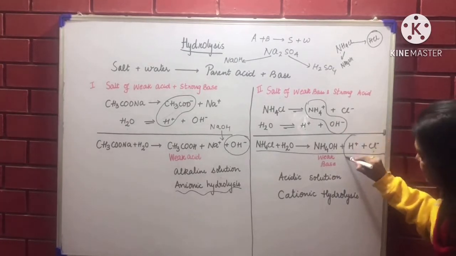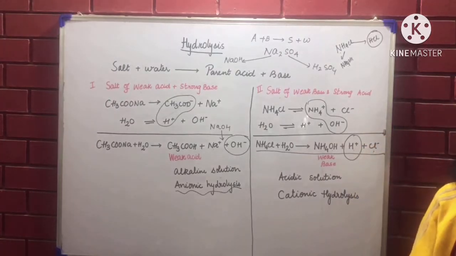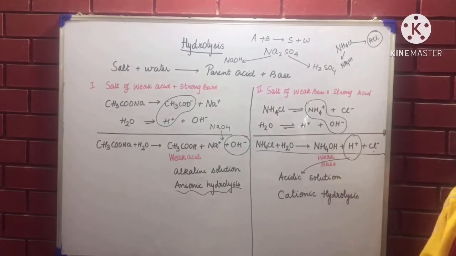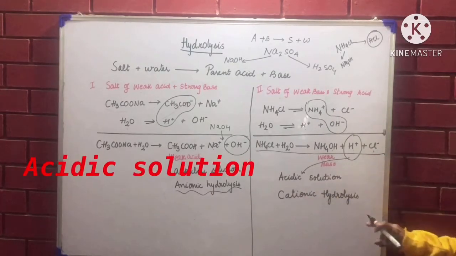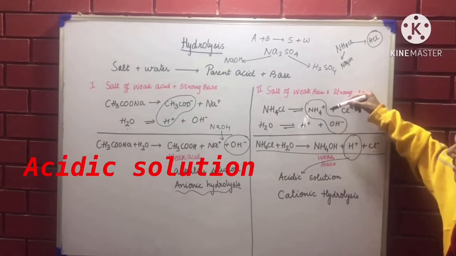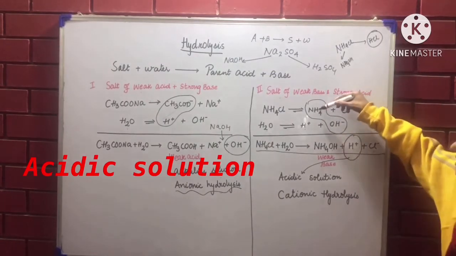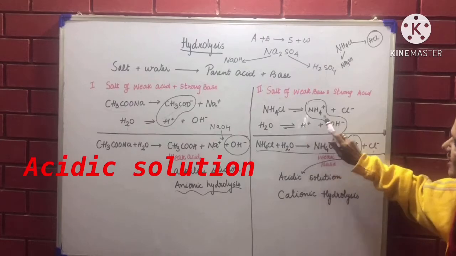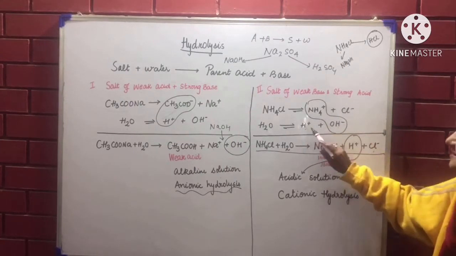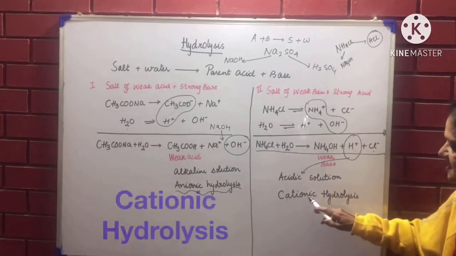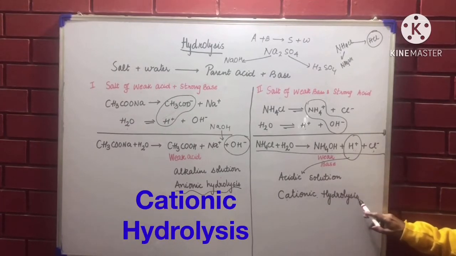Now since there is an excess of H plus ions in this solution, the solution becomes acidic. And this is called cationic hydrolysis because the cation has combined with OH of water. Hydrolysis has taken place at this end and has not taken place at this end. These ions are as such inside the solution. So we call this cationic hydrolysis.